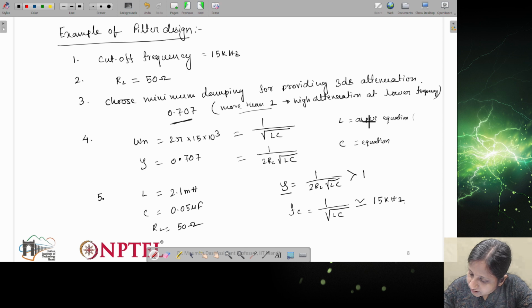Right. So generally this variation comes as we take the inductor as per the equation multiplied by 300%, and for capacitance we reduce it, dividing by 300%.